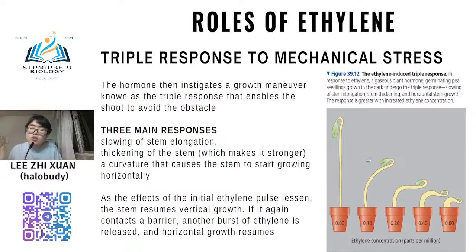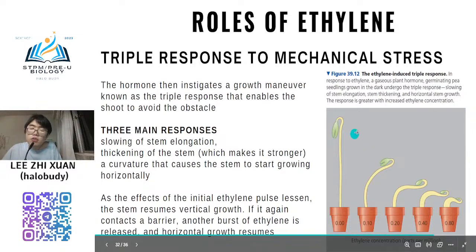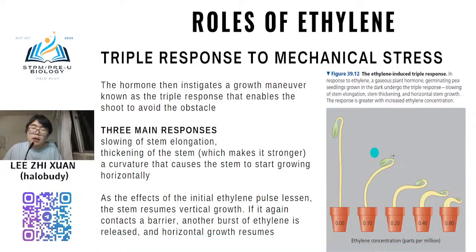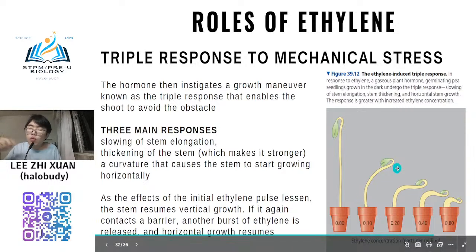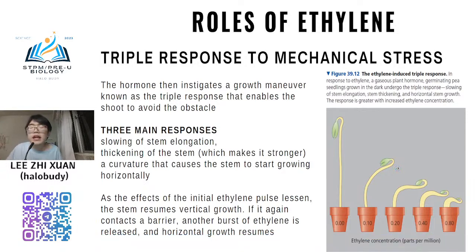When the plant is growing and there is an obstacle, let's say there is a barrier at the top here, the plant cannot go up, because in general condition it will go up. But when there is an obstacle at the top, the plant needs to avoid it, but it can still grow. So ethylene will respond to mechanical stress.